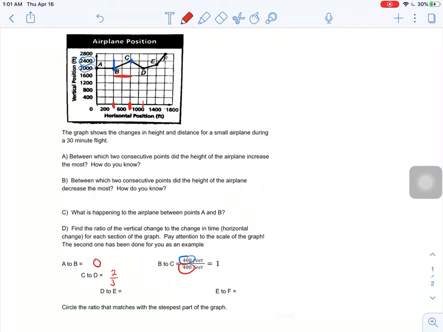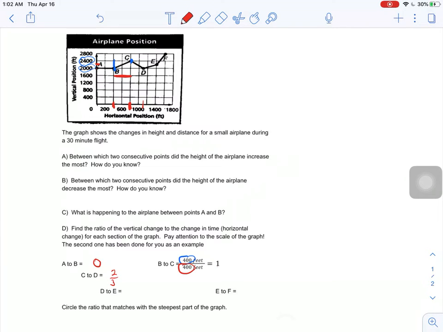From D to E, again, you had to be careful because you were kind of in the middle of 2 points here vertically. Between 2,000 and 2,400 is 2,200. So we went from 2,000 to 2,200. So we increased by 200 feet up and down, and then we increased by, again, 300 feet side to side, which is how we get that 2 over 3.